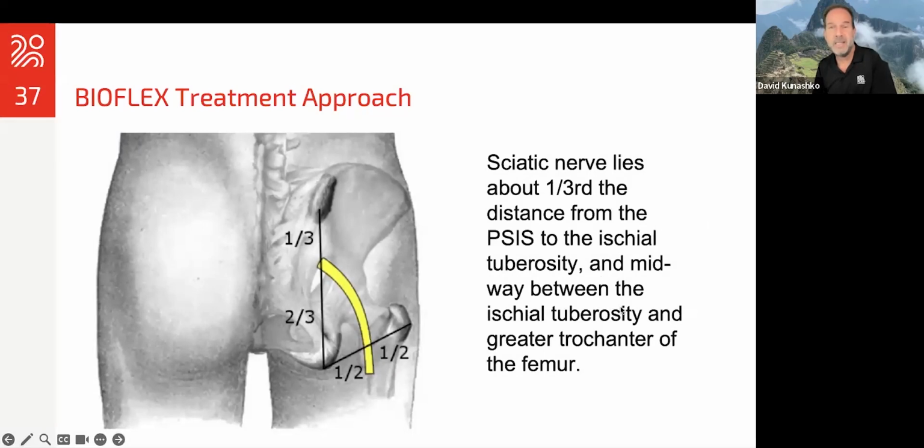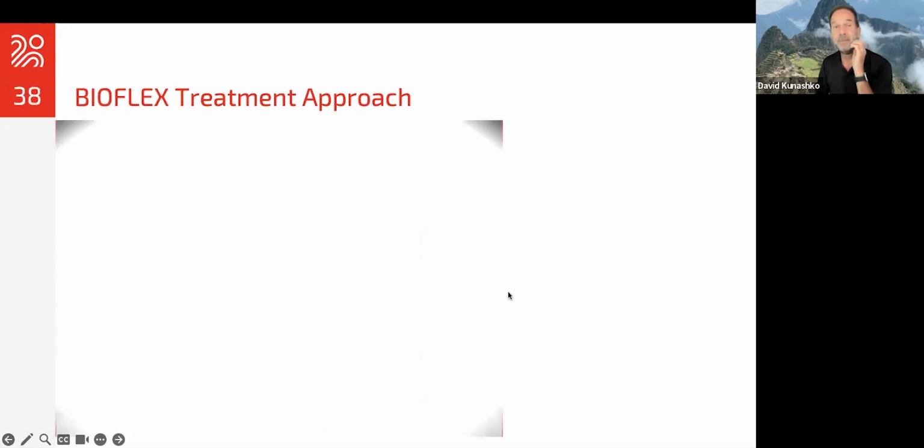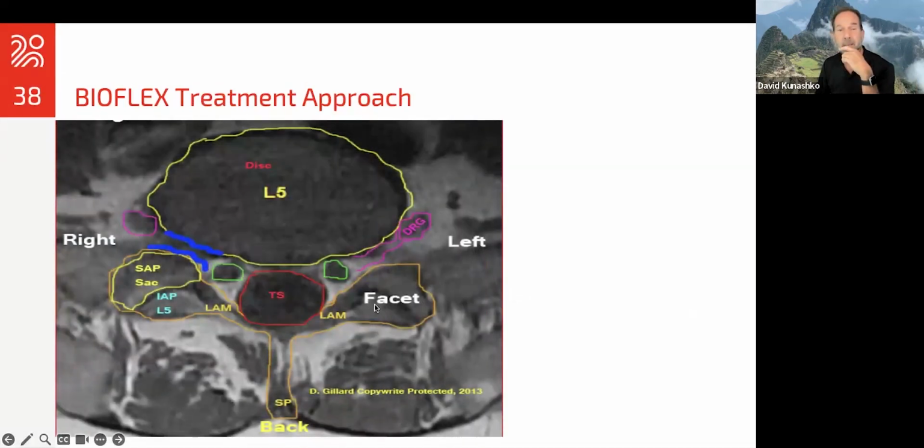Of course, you know where the sciatic nerve lies. It's one third the distance from the PSIS to the ischial tuberosity, and midway between the ischial tuberosity and the greater trochanter of the femur. This is exiting. And of course, the goal here is to be on the lateral margin.